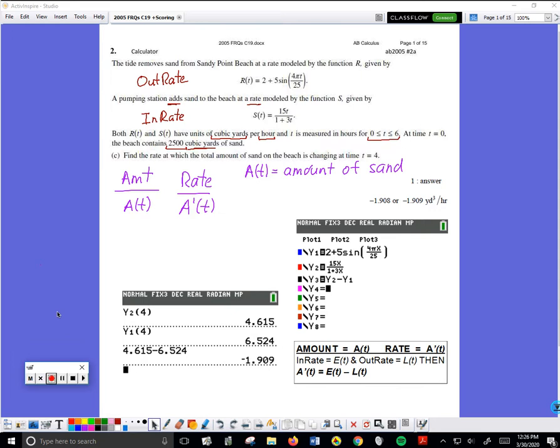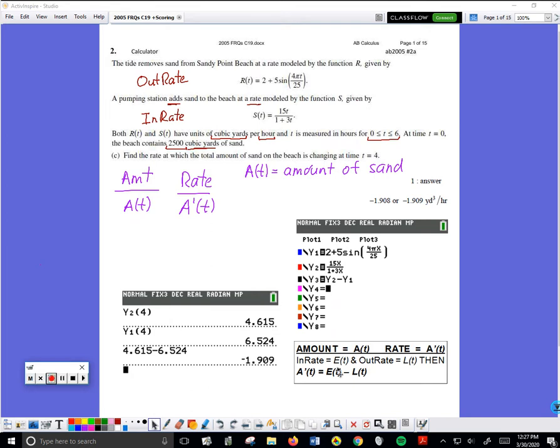So from the golden notes, we have this little reminder here that talks about the idea that if we call the amount A, the rate at which A changes will be A prime. Because we have an in rate and an out rate, we simply combine those.